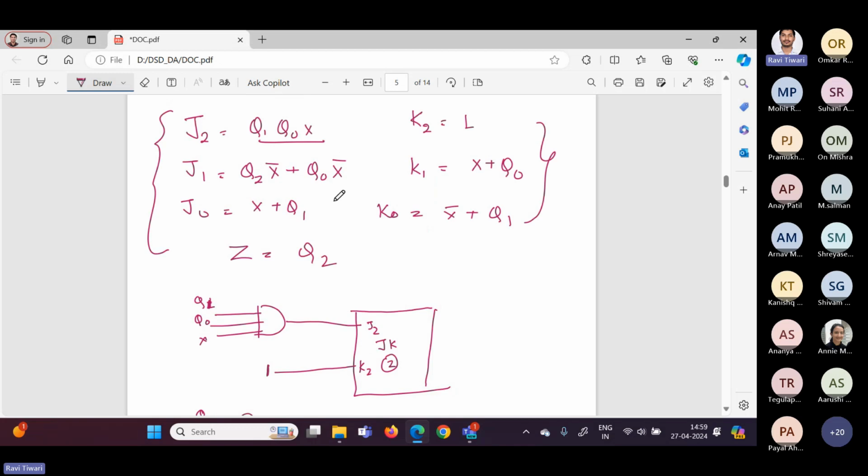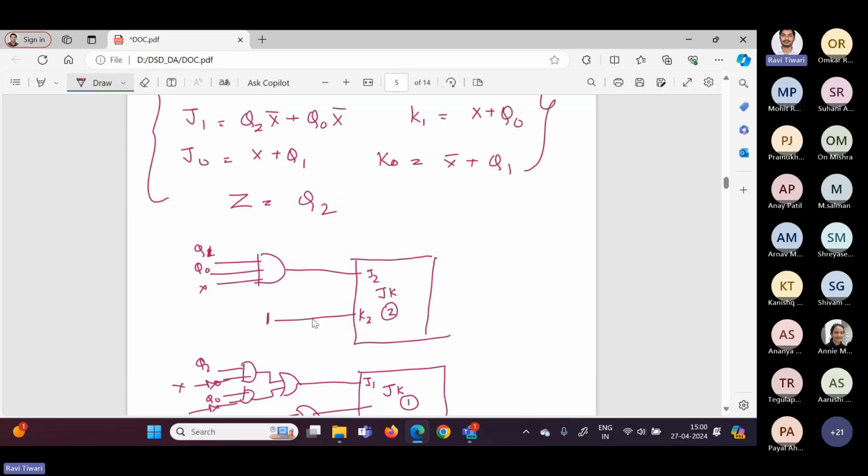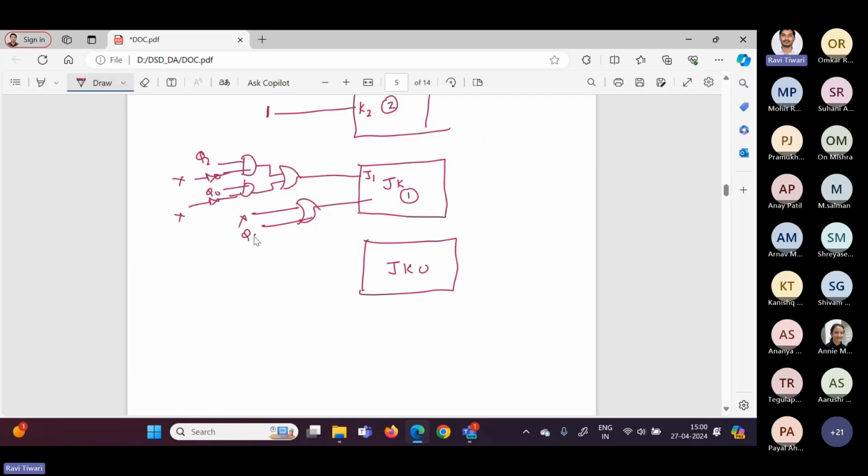This was the J1, and similarly K1 is what? OR gate. So I will make one OR gate here, and in these terminals I will provide X, Q0 as the input that we have given for the K1.